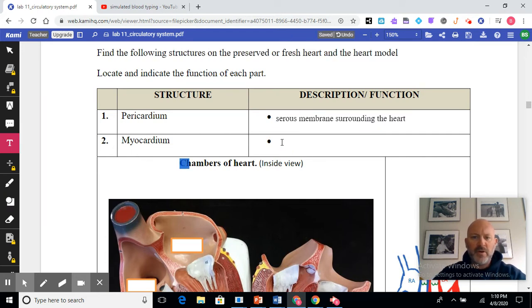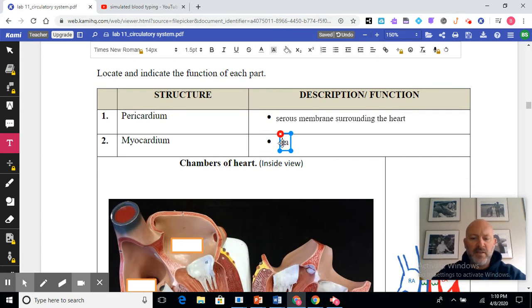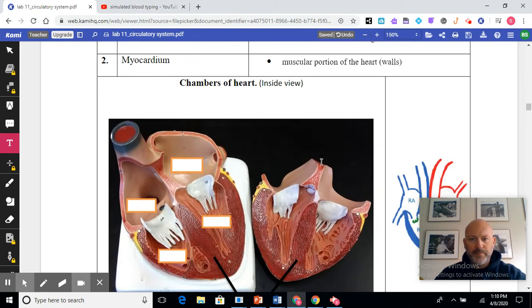And the myocardium, we're going to say, is the muscular portion of the heart. So in other words, that's the muscular walls of the heart.